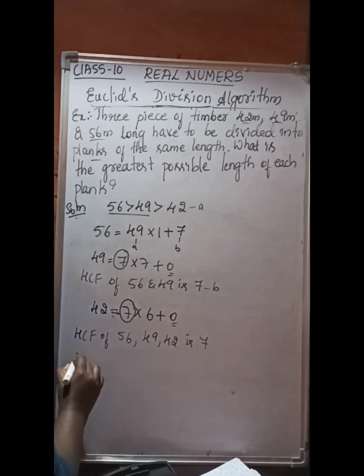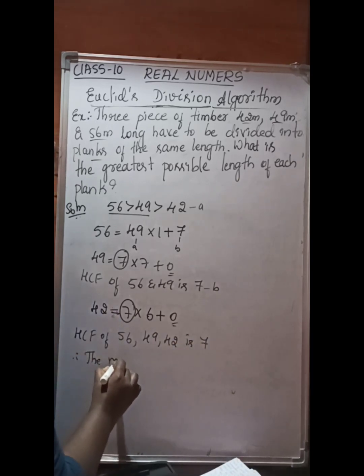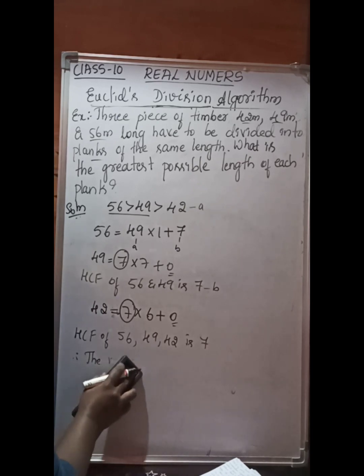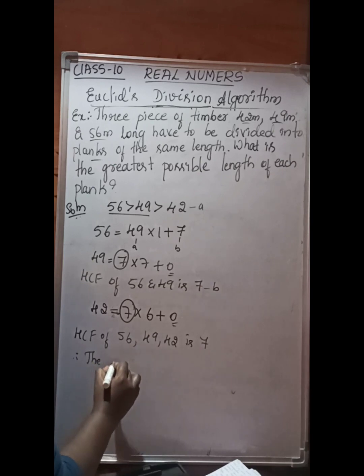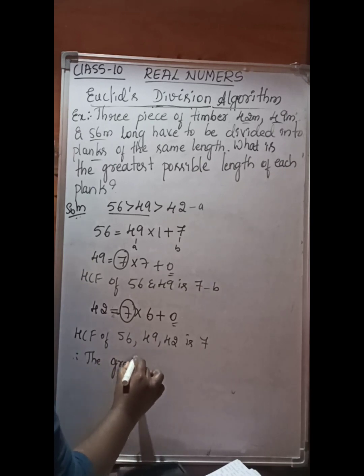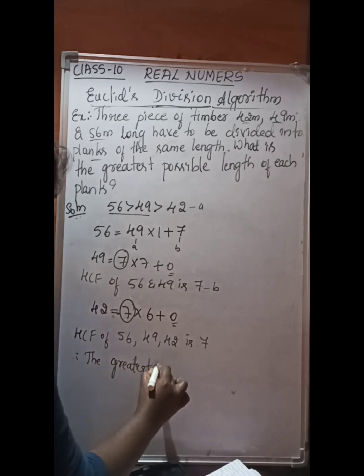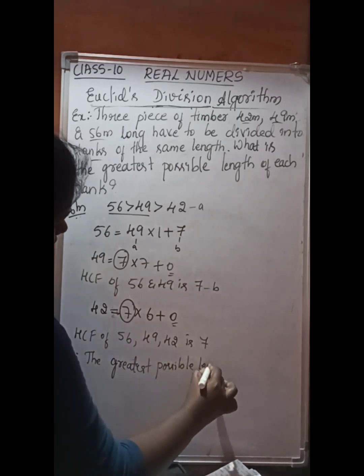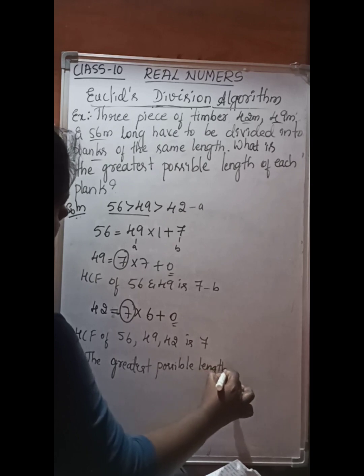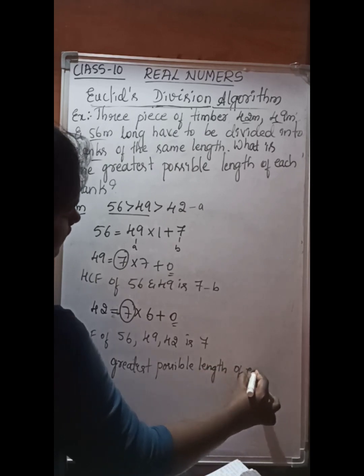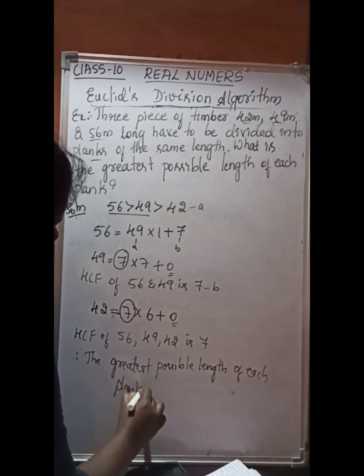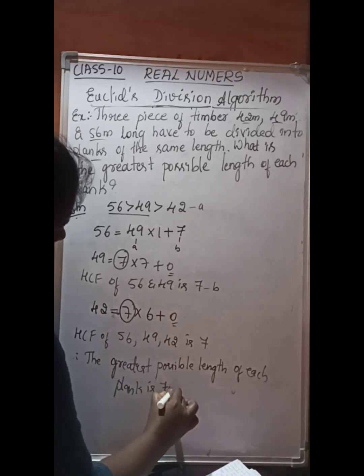Therefore the maximum length, the greatest possible length of each plank is 7 meters.